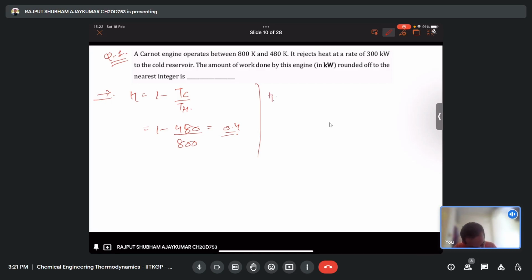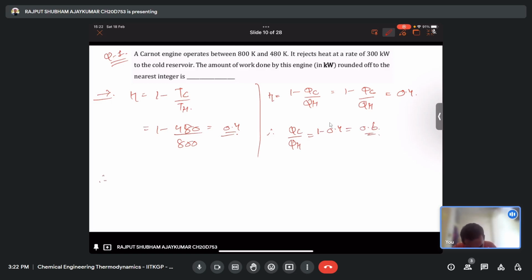We also know efficiency is 1 minus Qc by Qh. The efficiency we calculated is 0.4. Therefore, Qc by Qh equals 1 minus 0.4, which turns out to be 0.6.